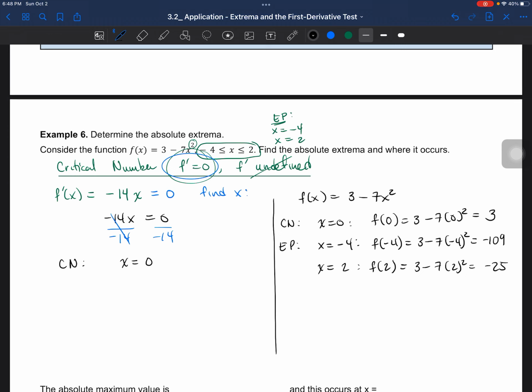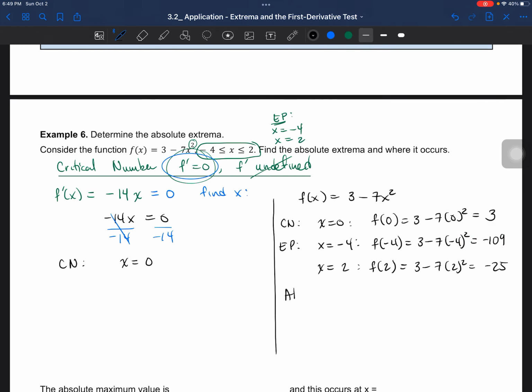We don't even have to determine whether we have a local max or local min. We don't care about that. We only use the critical numbers and the endpoints, and just compare. What is the lowest value of this function? Well, we can see it's negative 109.